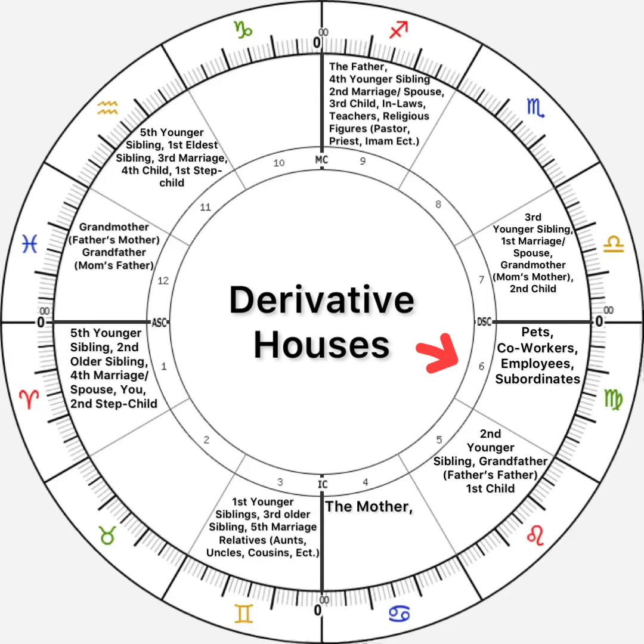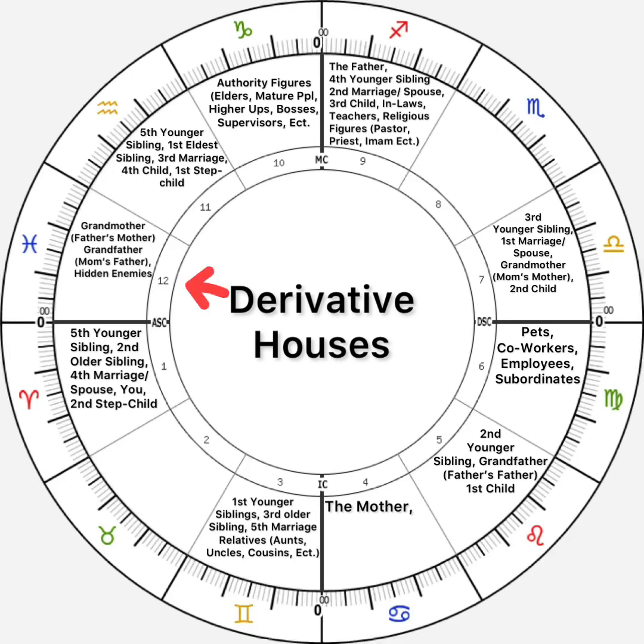Now, also from the 10th house, we see that we can have authority figures such as elders. This can also be just people that are more mature than you or higher ups in your field. This can also be bosses or supervisors in terms of authority figures, right? So keep that in mind. Of course, 12th house is hidden enemies in terms of their energy.